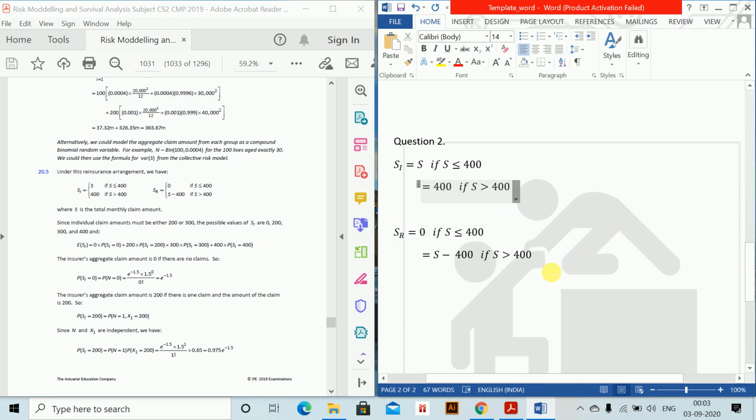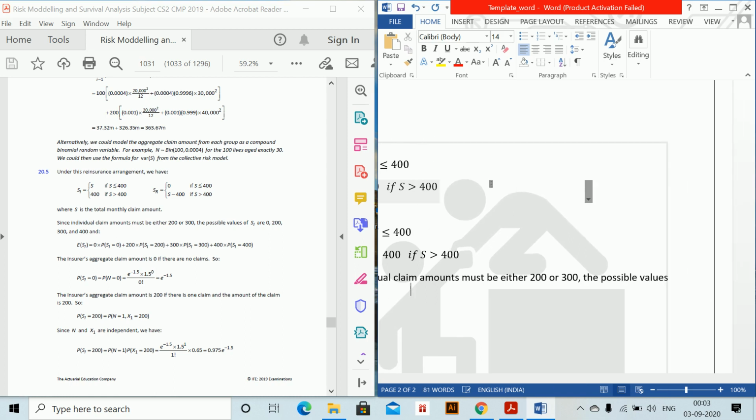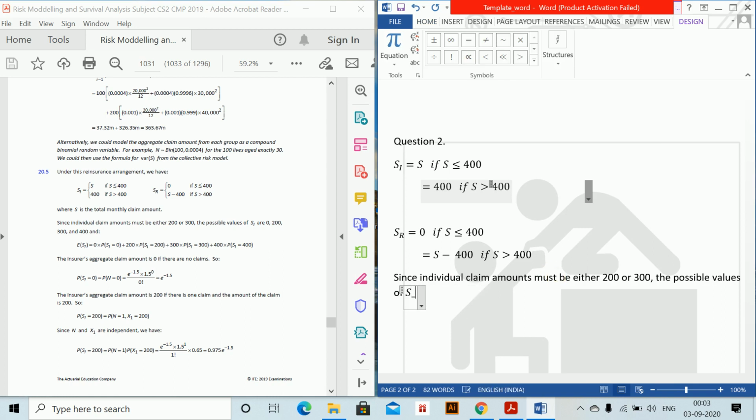Okay, now since individual claim amounts must be either 200 or 300, the possible values of S_I are 0, 200, 300, 400.